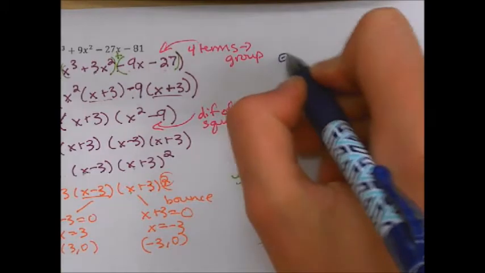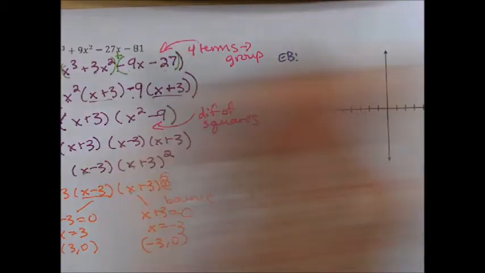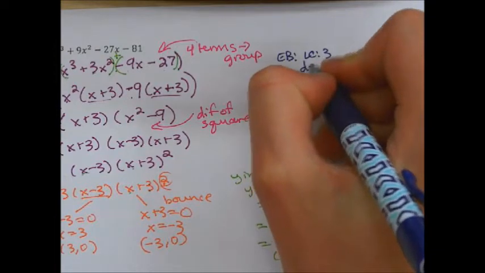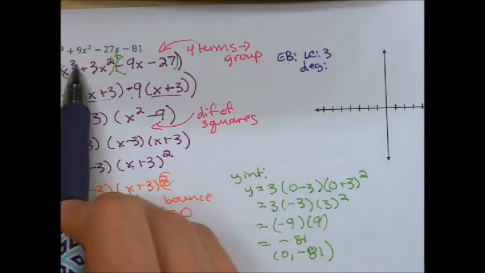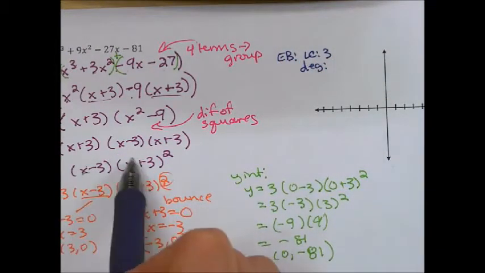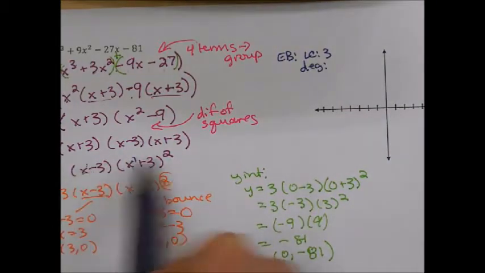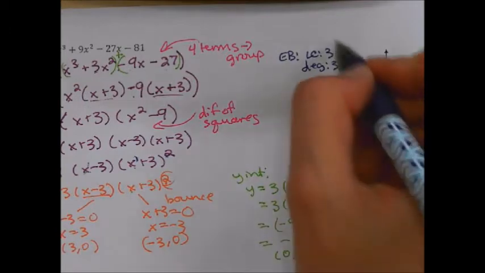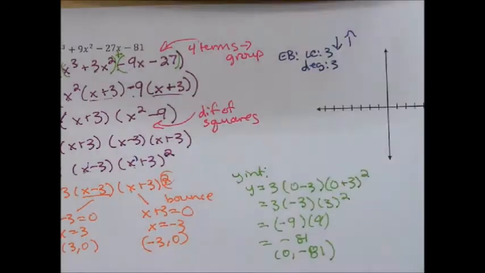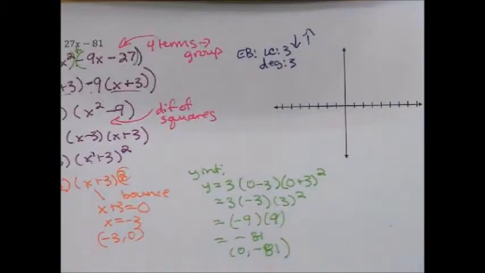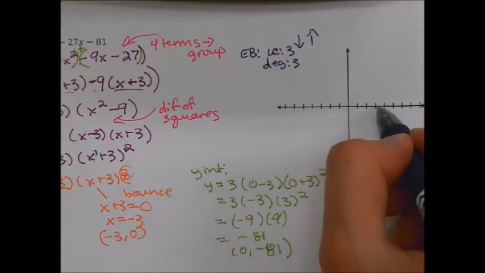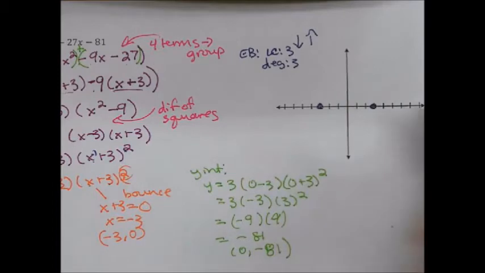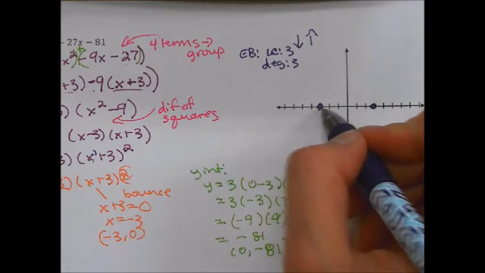Our end behavior: leading coefficient is 3. Degree, we can look here, where I have 1, but I have 2 of those, so I have 3. So this is going to be down, up. My x-intercepts are at 3 and negative 3, but at negative 3 we have a bounce.